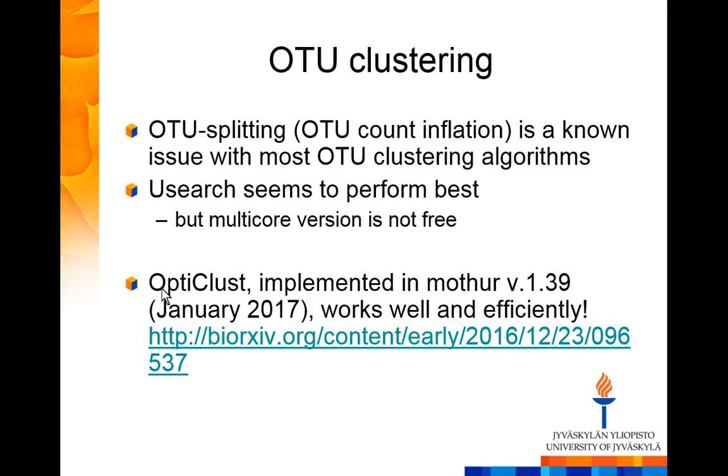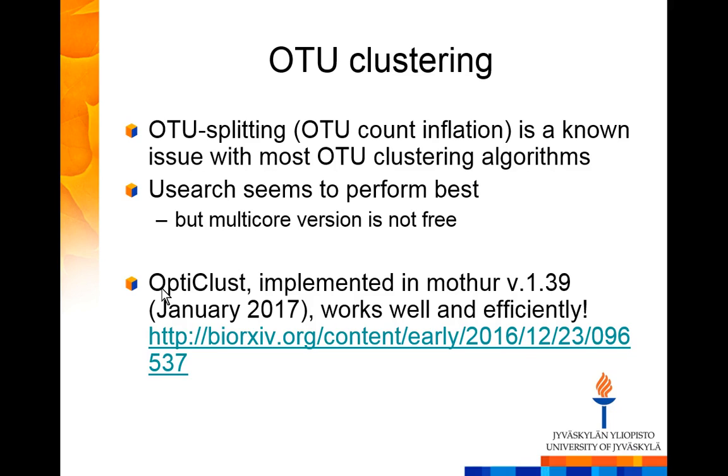Okay, one last thing, or one big known issue in the field, is OTU clustering. So when you cluster your sequences into these groups within which sequences typically differ from each other not more than 3%, OTU splitting, what you already saw in my data, or OTU count inflation, is definitely a known issue with actually all algorithms.